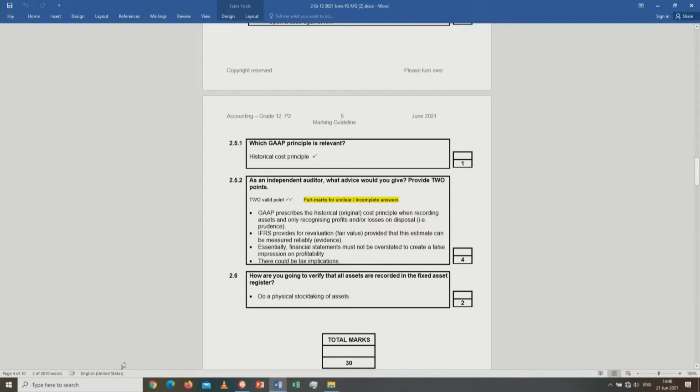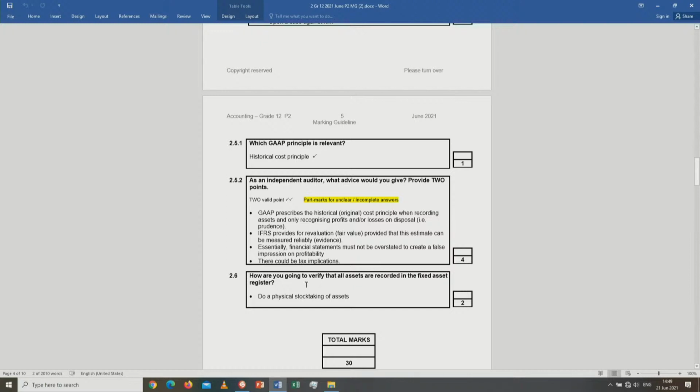There could be tax implications. Yep, SARS will get you on that one. SARS will say you made a profit of 1 million, we will take out 30% of that 1 million, when in actual fact you didn't yet get a profit of 1 million, right? So it's best to record them at their cost prices, and only when you sell the asset will you then record a profit or a loss.